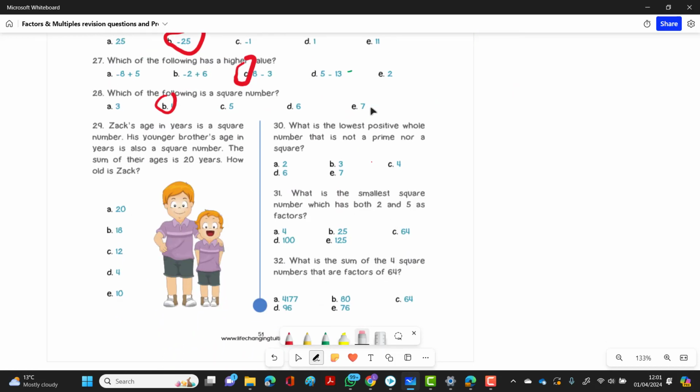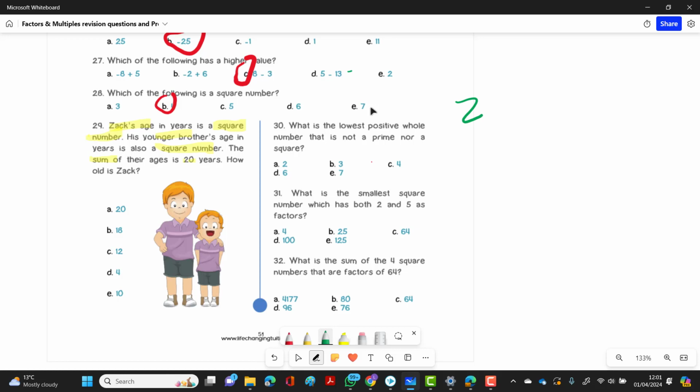Zach's age in years is a square number. His younger brother's age, so let's highlight that, is also a square number. Their sum is 20. How old is Zach?